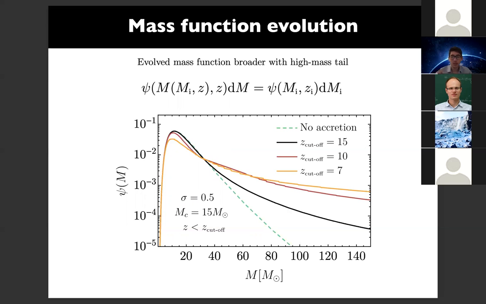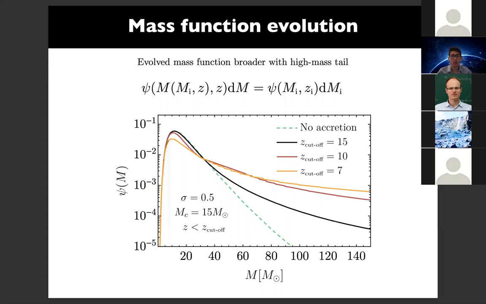And as accretion takes place, the main effect is that the mass function gets broader with a tail at larger masses, where accretion, of course, is more relevant. And as you can see, as the cutoff is lowered, so accretion lasts longer, basically the main effect is that the tail will get to higher values, of course.